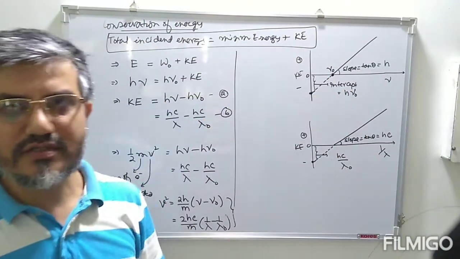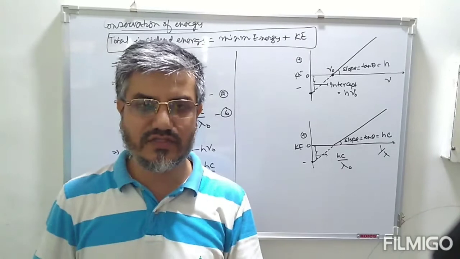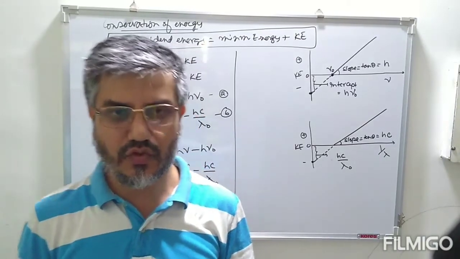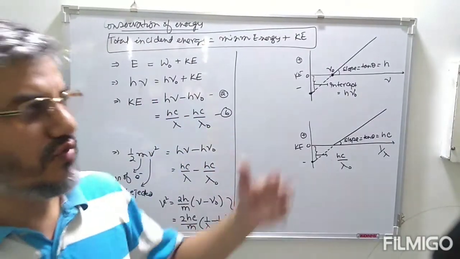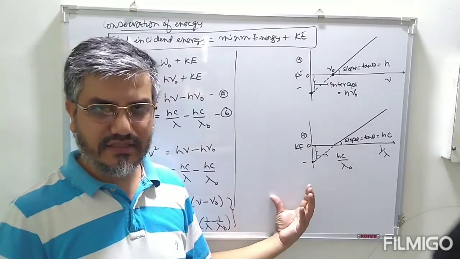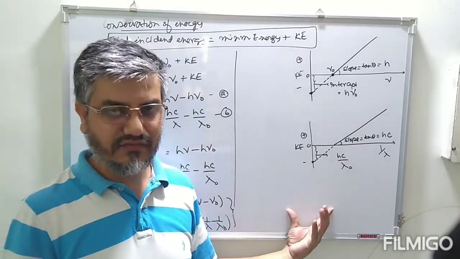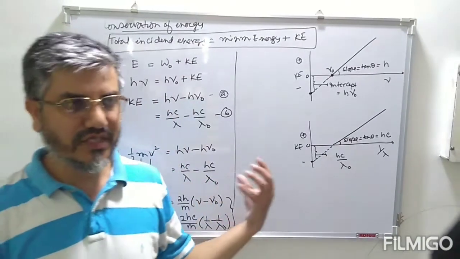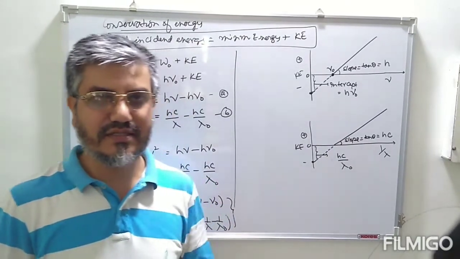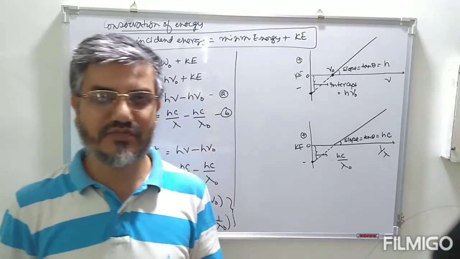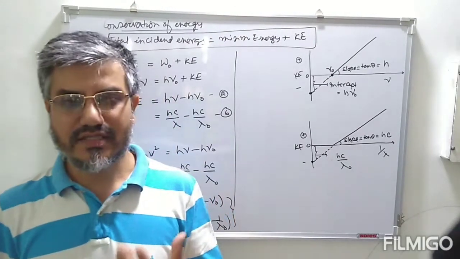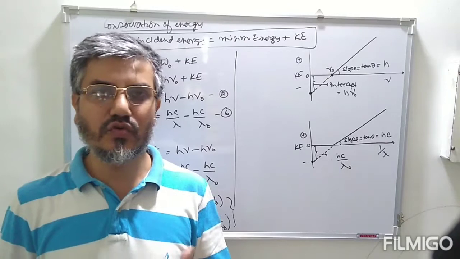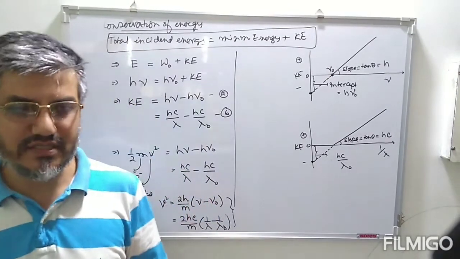Now, ejection of electron is required. So ejection or removal of electron is known as ionization. So only those metals which have low binding energy or low ionization energy find application in photoelectric cells. So in most cases, alkali metals like potassium, rubidium, cesium, these are the elements with low values of ionization energy.